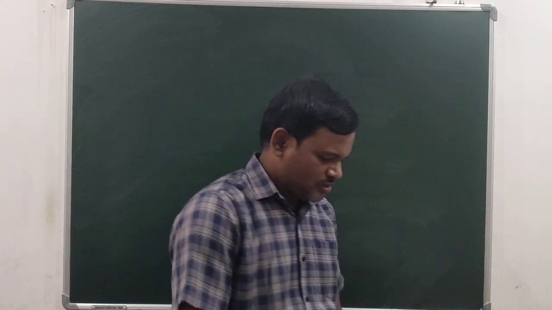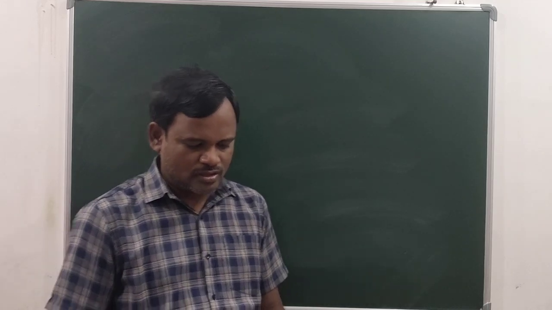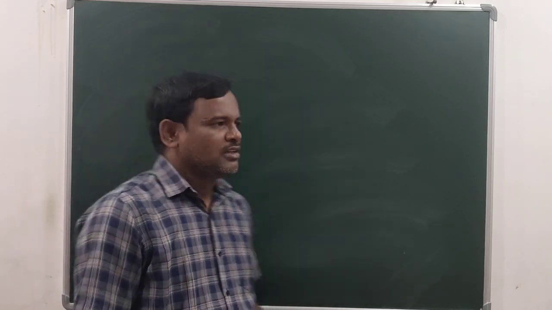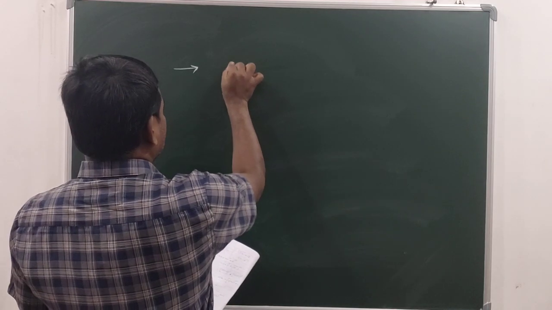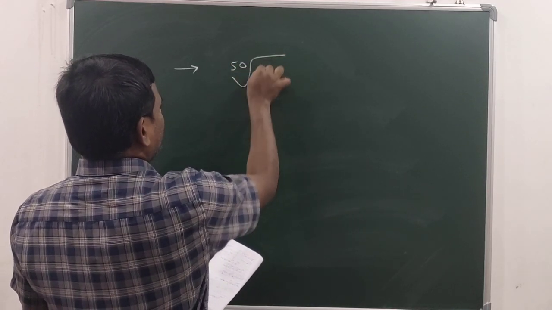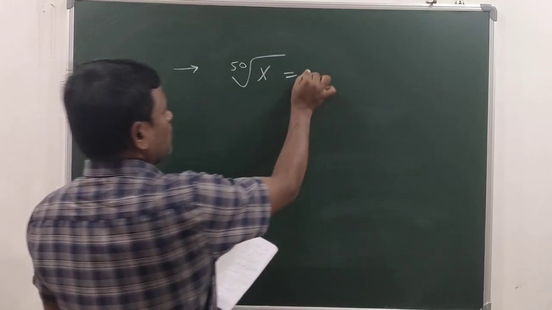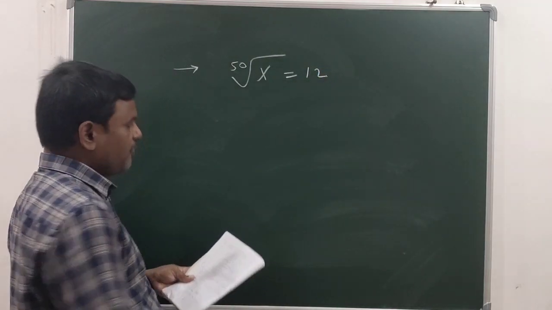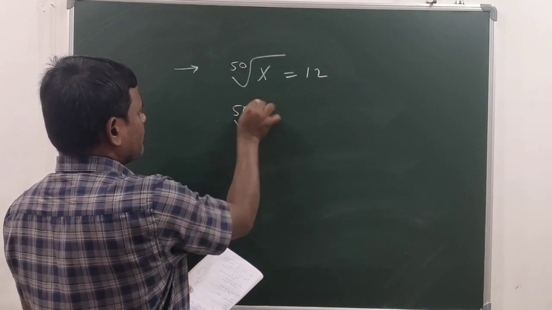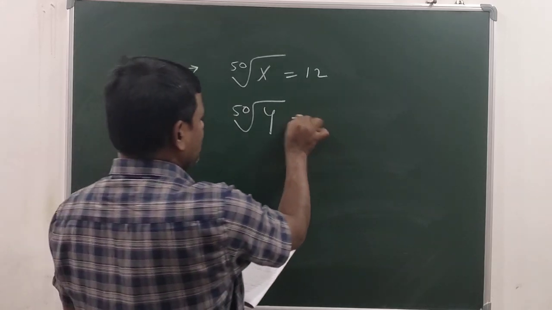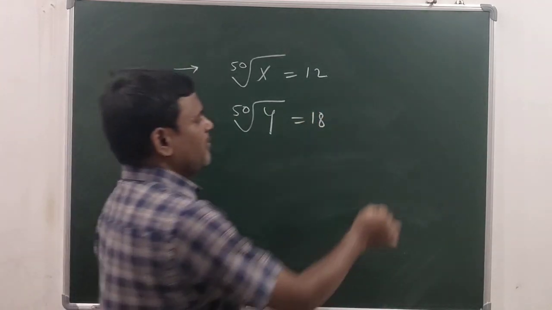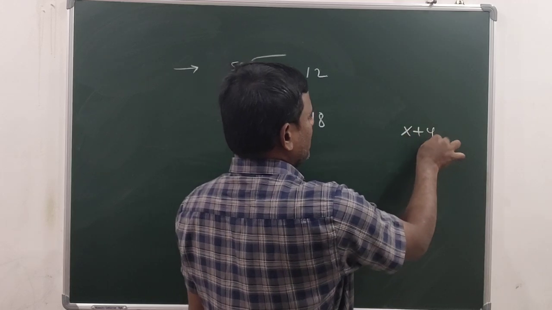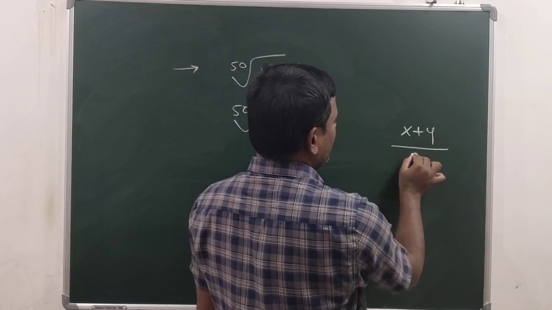See students, the 50th root of x is 12 and the 50th root of y is 18. Then what is the remainder when x plus y is divided by 25?